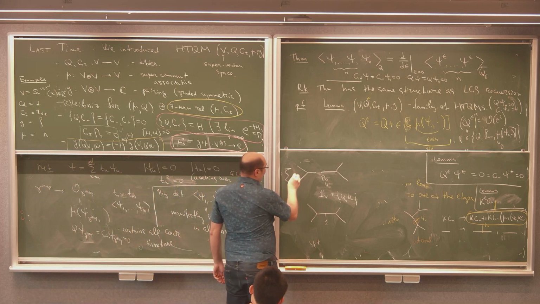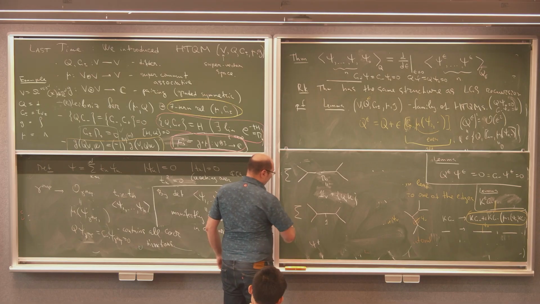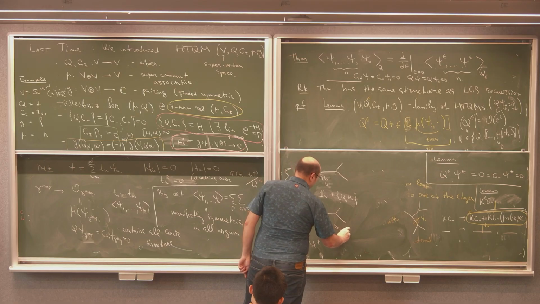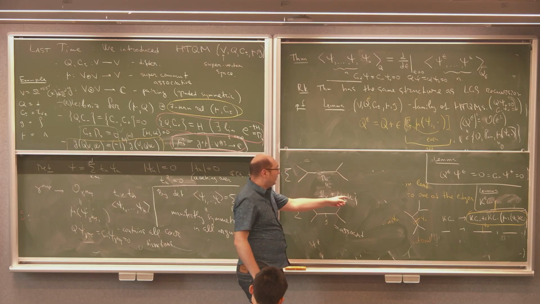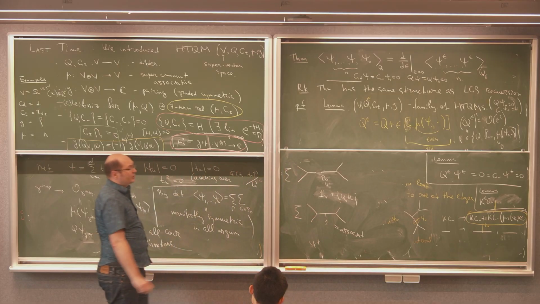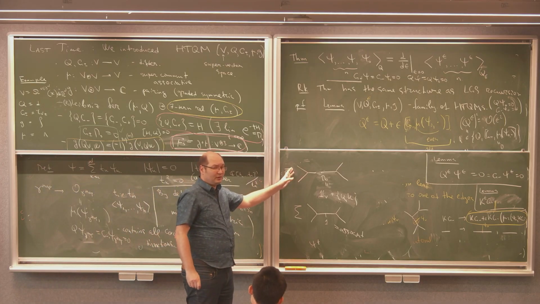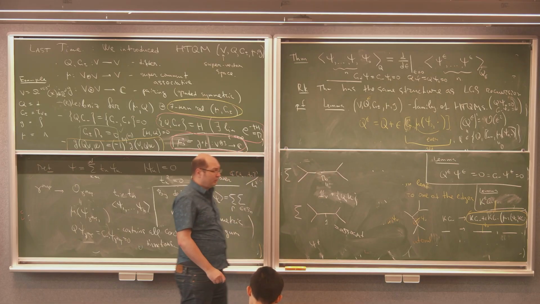So here we also have the sum of all three terms, and this one would be associativity. And this QK term would just vanish because we will either move Q to the left two states or Q to the right two states.